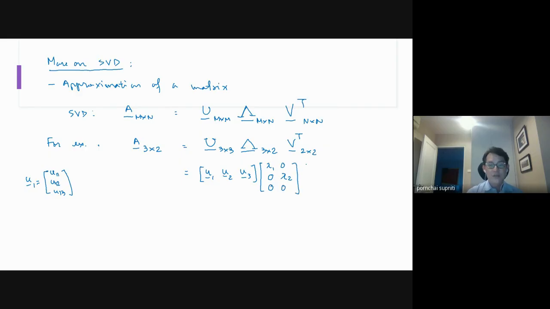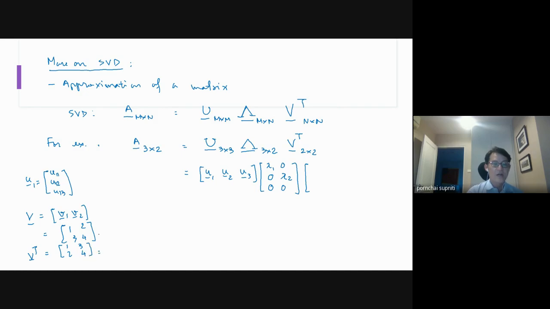And then for V transpose, generally V can be written in terms of V1 and V2 as well. For example, if V is say 1, 2, 3, 4, when I do V transpose, this is going to be 1, 2, 3, 4.